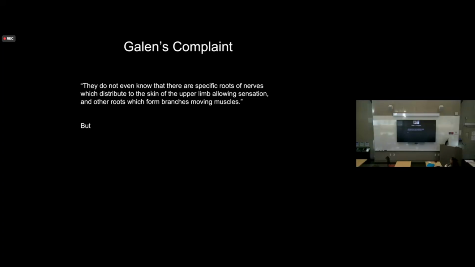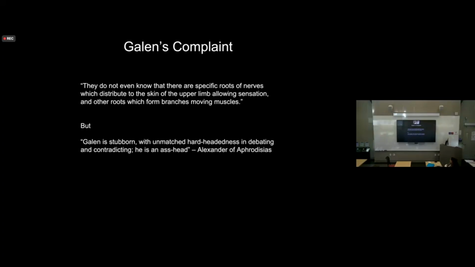But he's making all these statements and saying, well, people don't understand this. I don't understand why people don't understand this. And the reality is that maybe he had some nugget of truth there, but Alexander of Aphrodisias said that Galen is stubborn with unmatched hard-headedness in debating and contradicting, and he is an asshead. So we take that with a grain of salt.